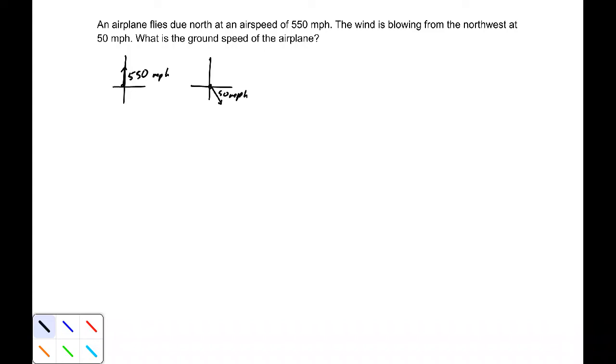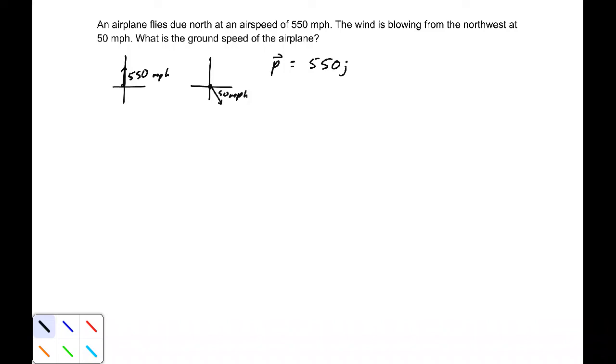Now, in component form, in standard unit vector notation, let's use the standard unit vectors. Our plane, I'm going to represent that as the vector P, is 550j, because there is no x component to that. It's going due north.